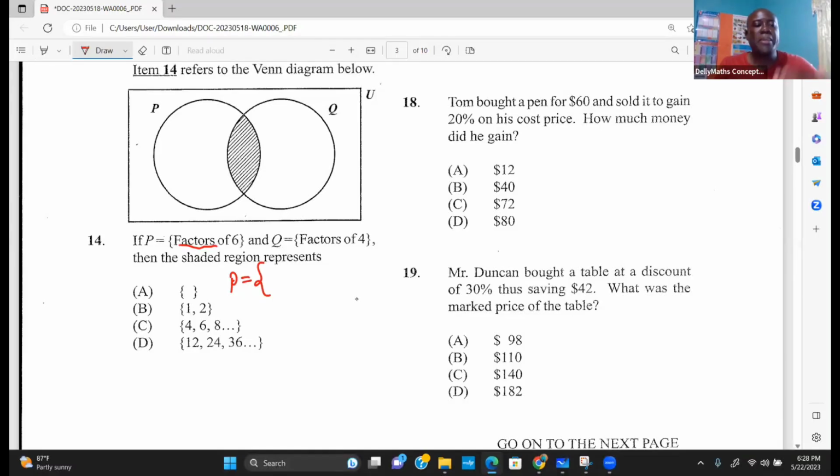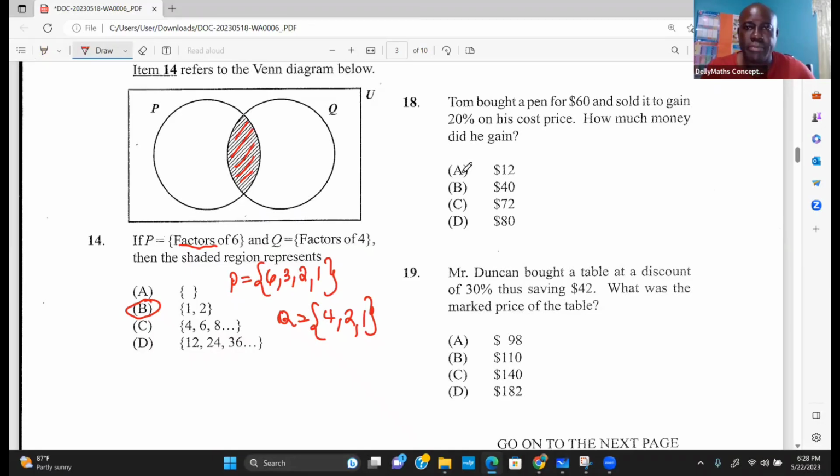Factors of 6 are numbers that multiply to give 6, for example 6, 3, 2, and 1. Those are the only factors of 6. Factors of Q are as follows: 4, 2, and 1. Now, can you tell me the numbers that are in both? Noticing something here, we see that 1 and 2 would be in both sets.